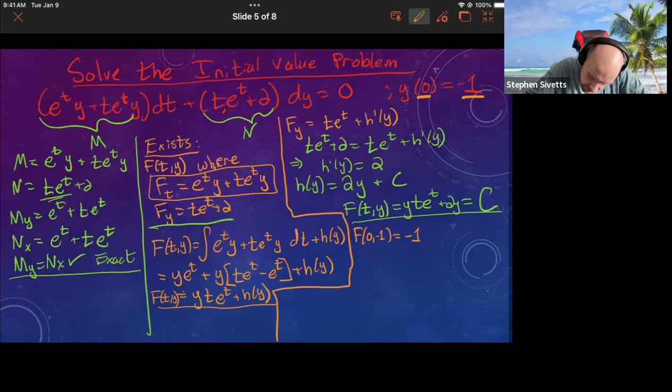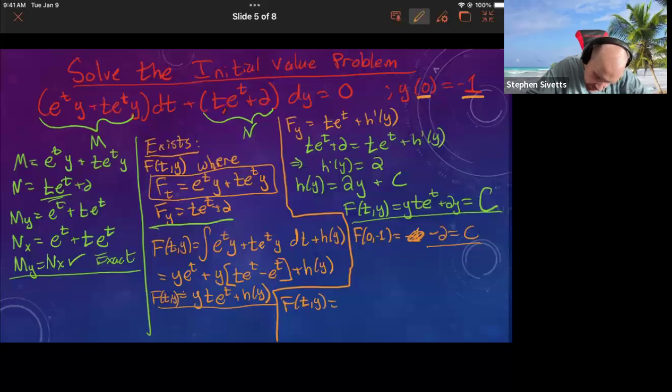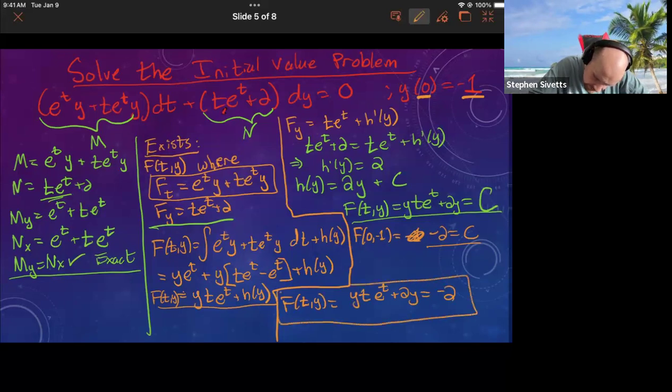So yeah, okay, t is 0, so that's 0, and we'll have a -2. So c is -2. And so F of t, y equals y times t times e to the t plus 2y equals -2. This is the particular solution.